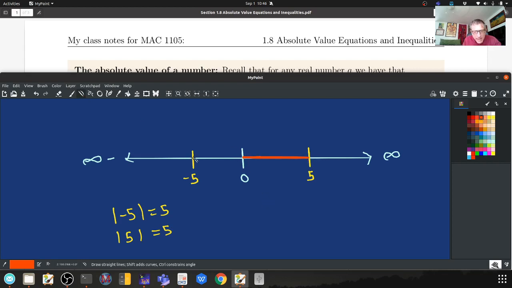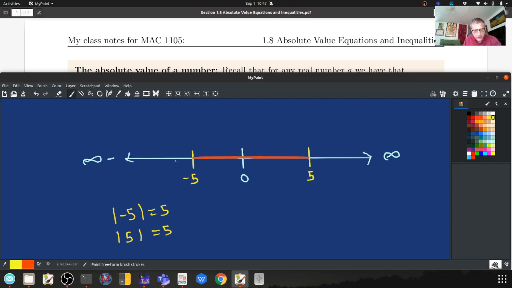And it's the same distance, I'm talking about distance now, between minus 5 and 0. So another way to conceptualize the absolute value of a number is to consider its distance back to 0. And distance is always positive or 0.